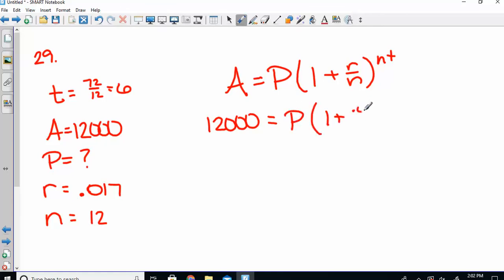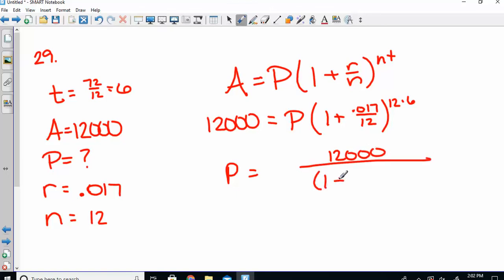So if we plug in, we have 12,000 equals P times 1 plus 0.017 over 12, to the 12 times 6 power. So if you want to get P, all you really have to do is divide over that entire parentheses.